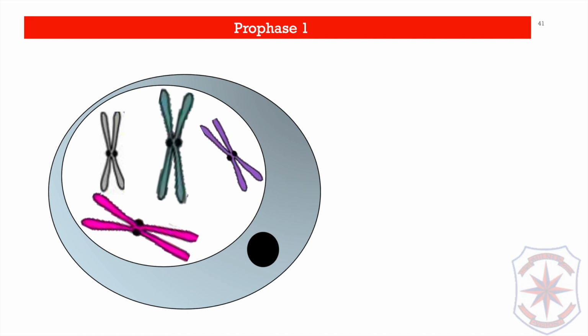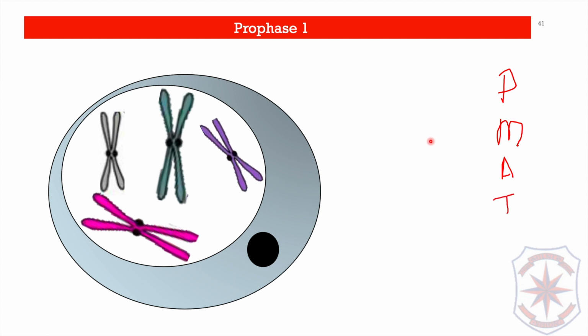Okay, now the first phase of meiosis 1 is called prophase 1. Remember, we said that we use the abbreviation PMAT.